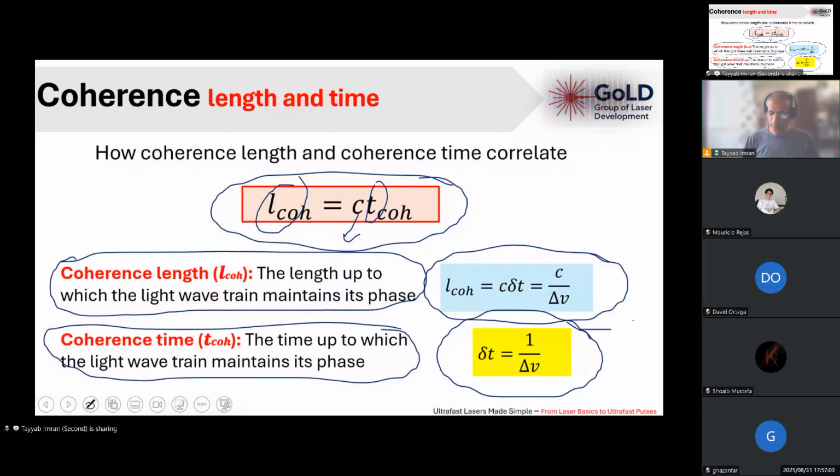If we combine both these formulas, we get L coherent is equal to c times t coherent. So we can find out the coherence length and coherence time with this formula.